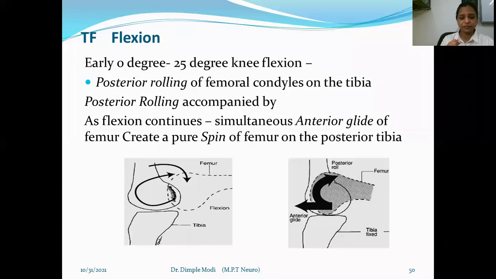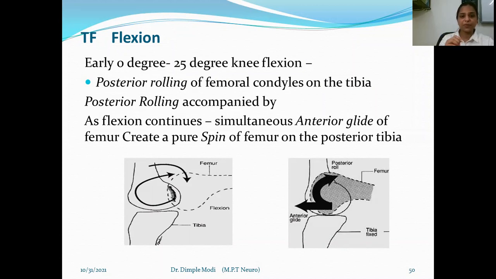So let's imagine the tibia is fixed. If the femoral condyles were permitted to roll posteriorly on the tibial plateau, the femur would run off the tibia and limit the flexion. So for the femoral condyles to continue to roll in flexion, they must also glide anteriorly.